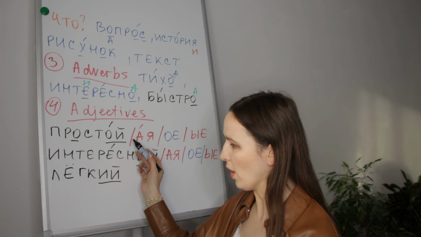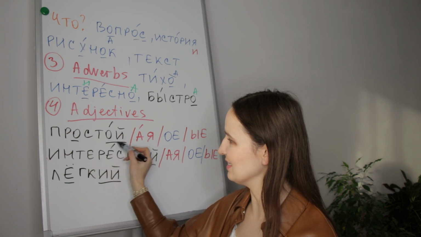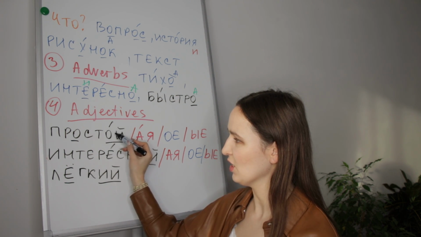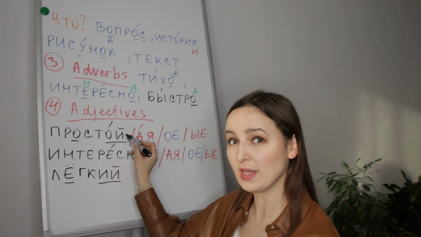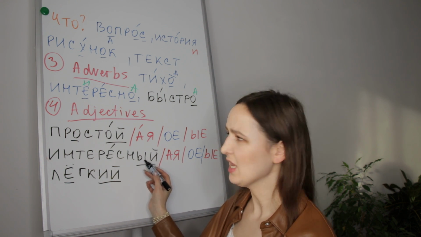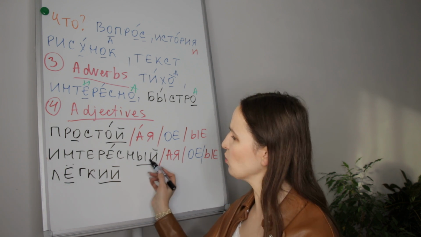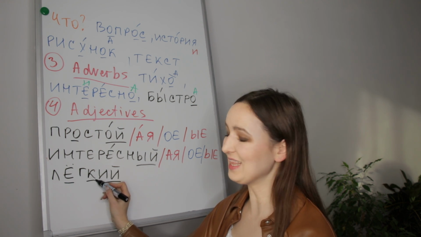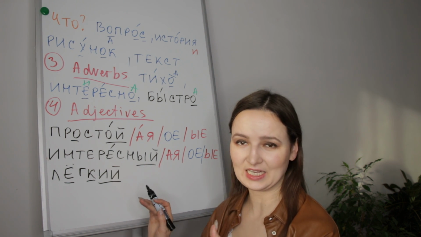Well, we don't have ой because here the first syllable is stressed, not the last vowel. When the last vowel is stressed, we will have the ой ending. But here we have и ending. Why not ы? Because the letter к does not support ы after it. So it will be и.